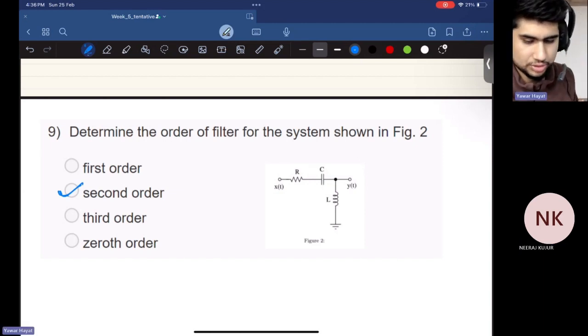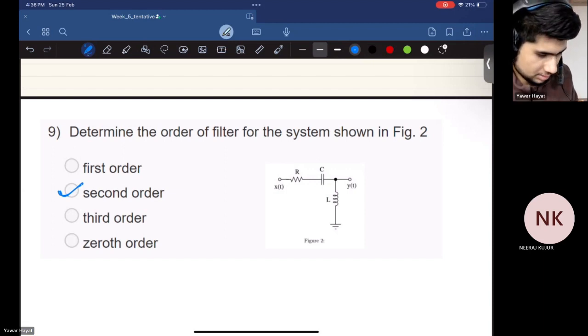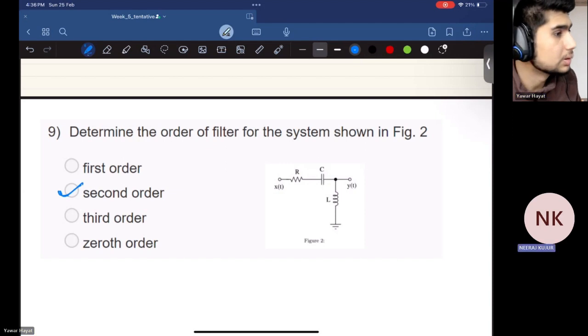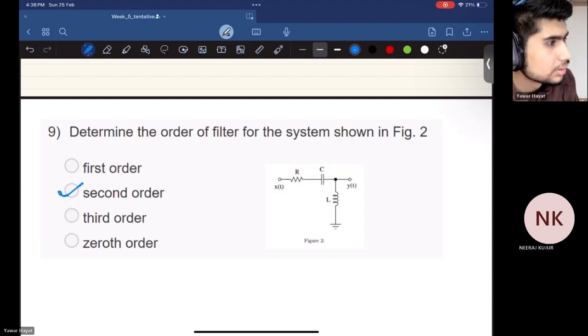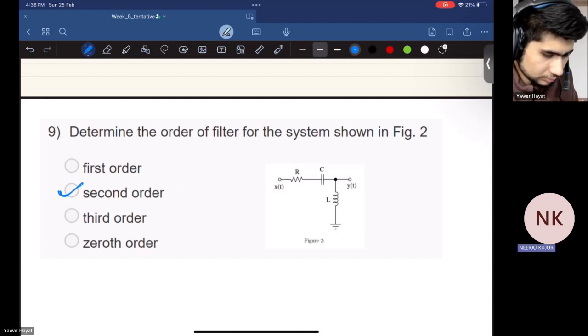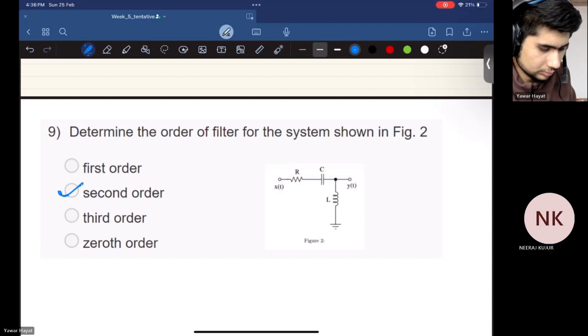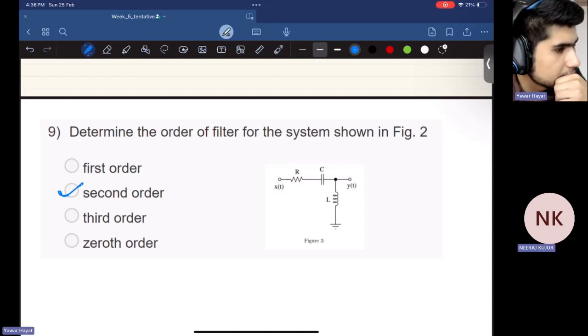You can use Desmos for many questions, especially in signals and systems. Heaviside step function in Desmos.